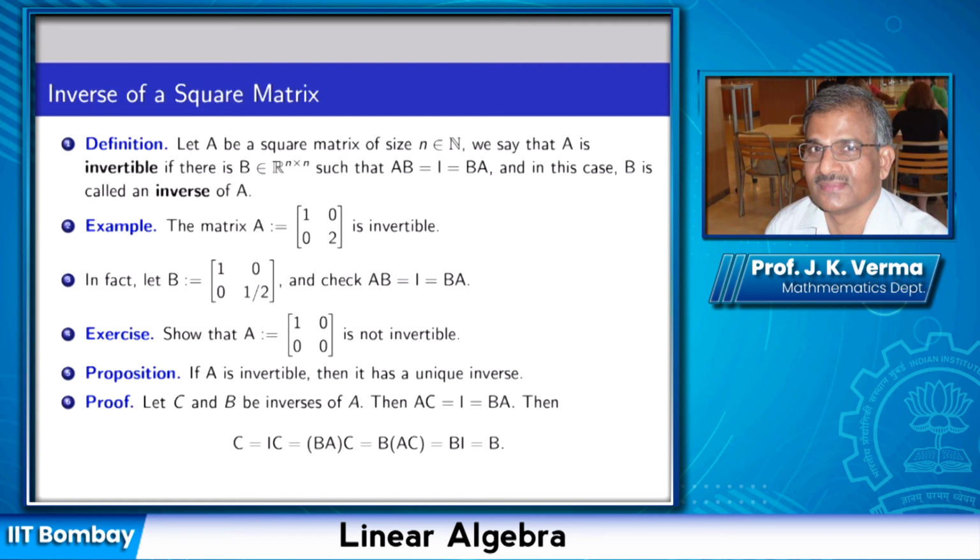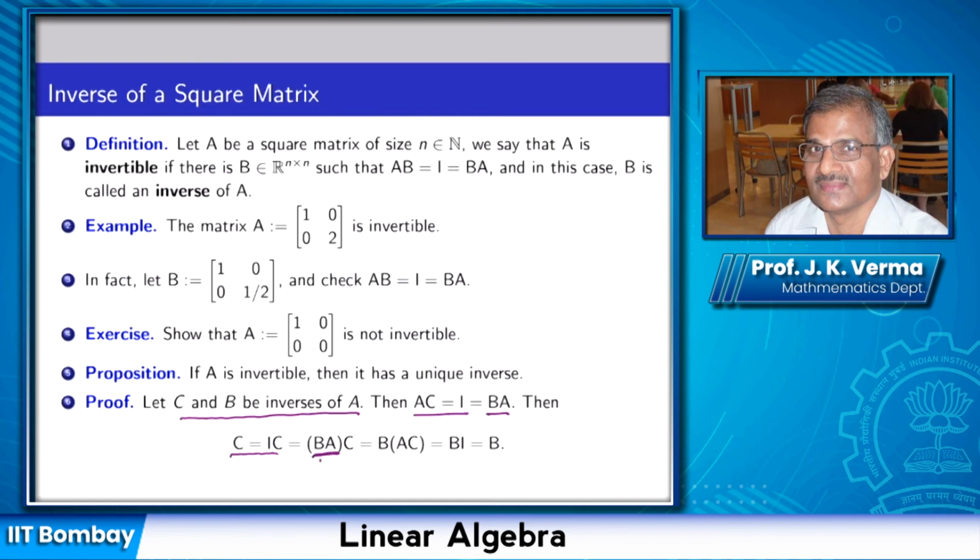Let's prove that the inverse of an invertible matrix is unique. Suppose C and B are inverses of A. Let us say there are two inverses of A. Then AC is identity, and BA is also identity by definition. So I can write C equal to identity times C, but I is equal to BA.